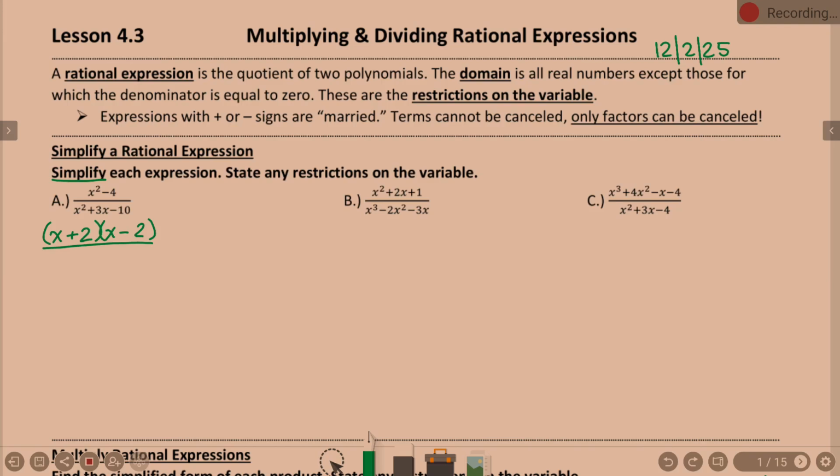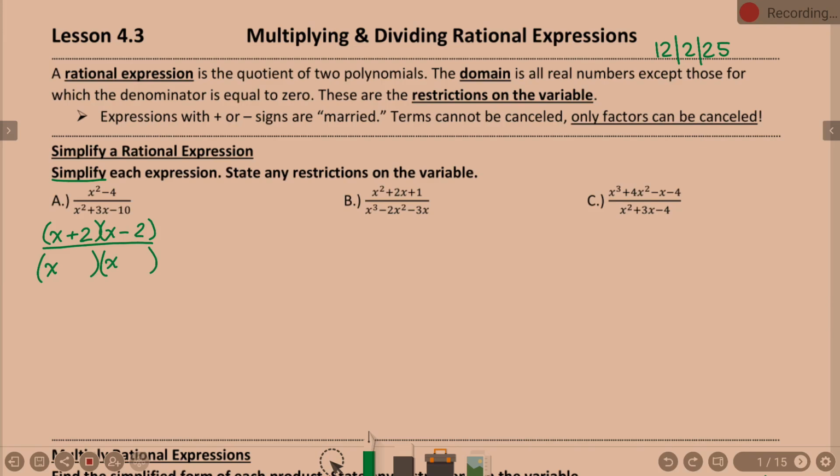What about the denominator? x squared plus 3x minus 10. Hopefully you recognize it as one of our traditional factoring setups, where it's going to break into two parentheses. We know x squared breaks into x times x.